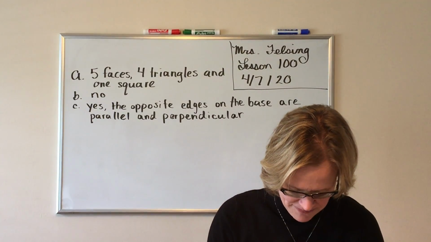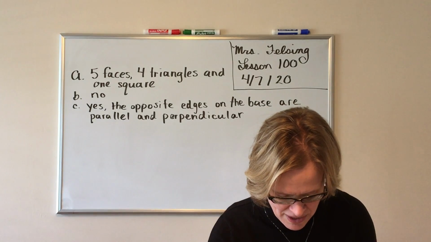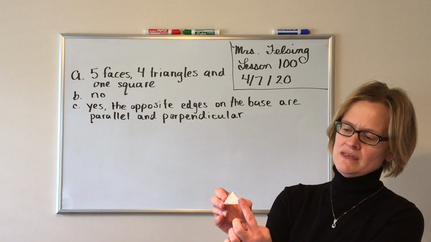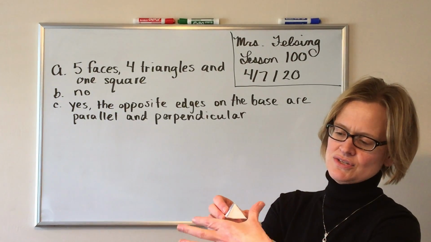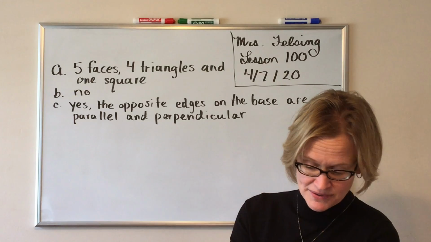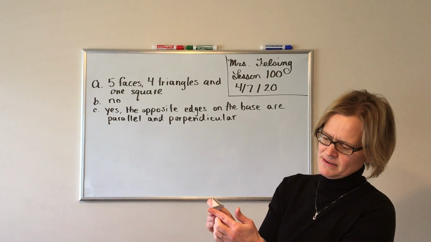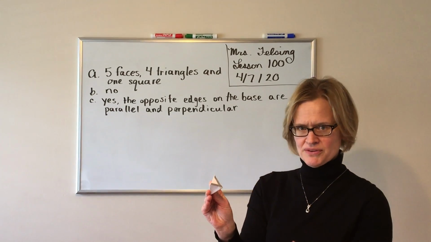And finally for D, in the pyramid above, what types of angles are formed by the intersecting edges? Well, these, as you can see, go across here and here. So that would actually be a right angle. And then if we look at our angles here, these are smaller, remember, smaller than a right angle.